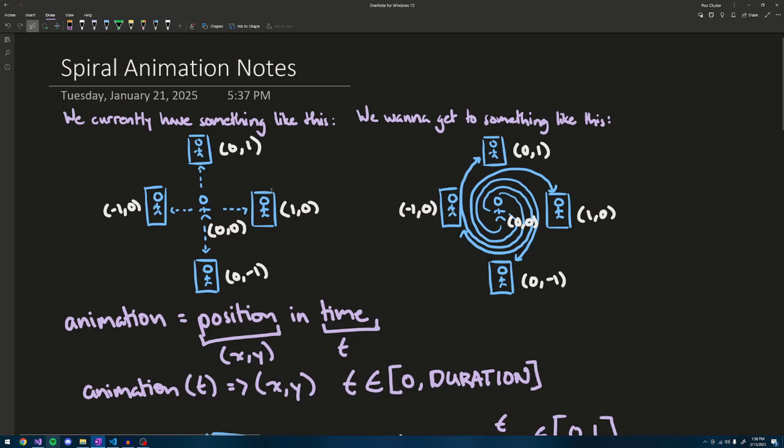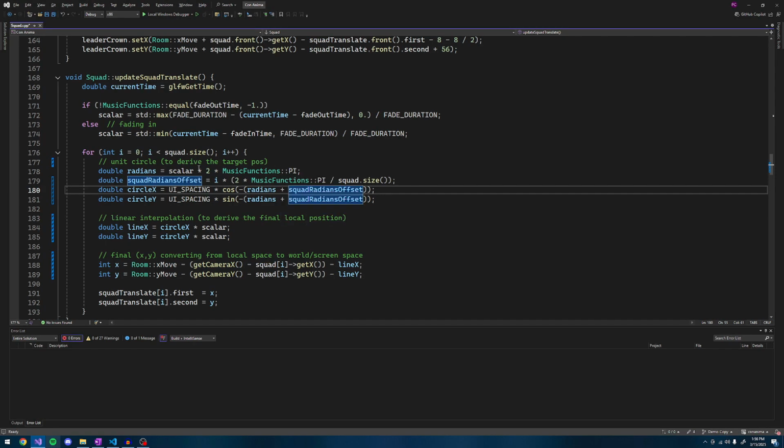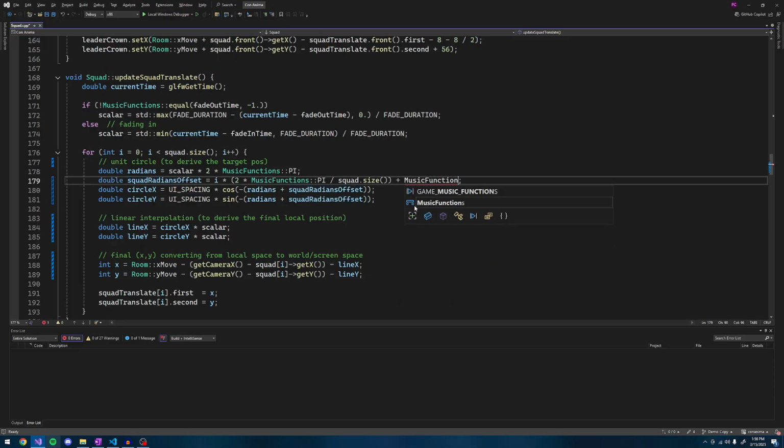That means we go 0, half pi, pi, 3/2 pi, 2 pi. So we just need to add half pi to our radians to shift the radians over to the top. And that should be what is needed to get our leader to the top. Now let's take a look at that.